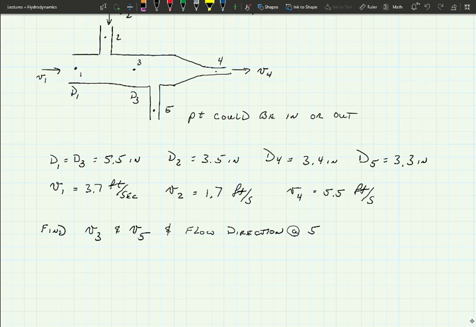Now, if I know the flow rate at Q3, and I know the flow rate at Q4, can I figure out which way 5 is flowing, in or out, and what the flow rate is, and then therefore figure out the velocity of 5? Go ahead, Dave. You started. Yes.